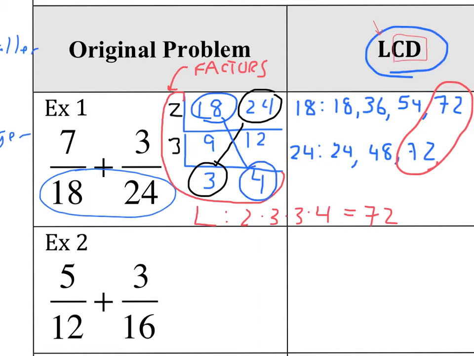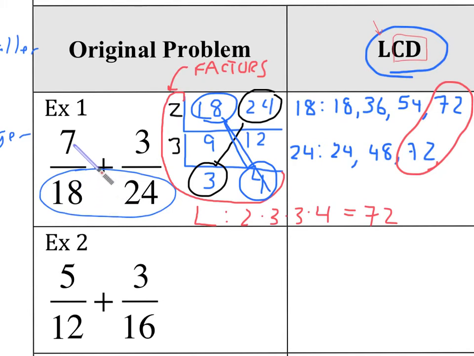So not only does it show me what the LCD is, the product of the L around here, but it also shows me how to get from 18 to 72, how to get from 24 to 72. All right, so this is called the ladder method, sometimes called the Chinese ladder method or Asian method. So now I'm going to take the 18 and I'm going to multiply it by 4 here.